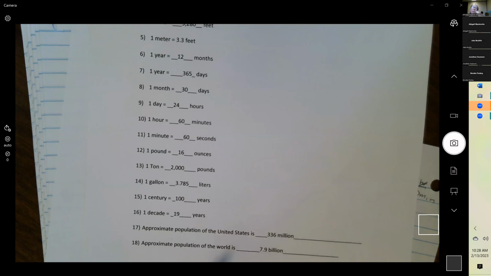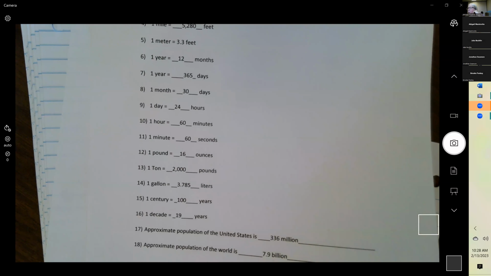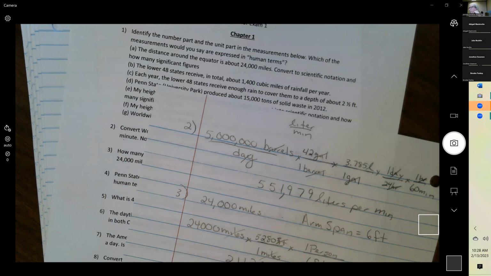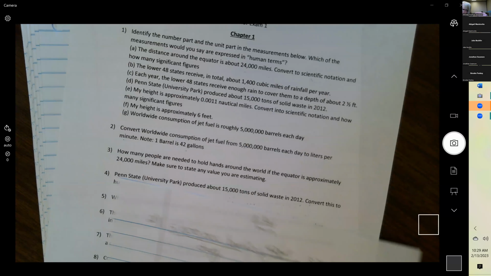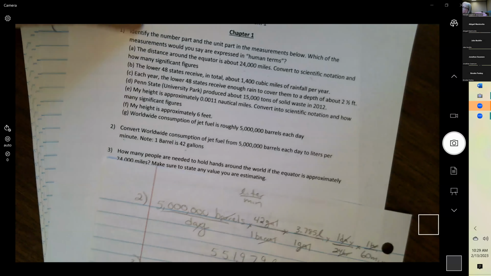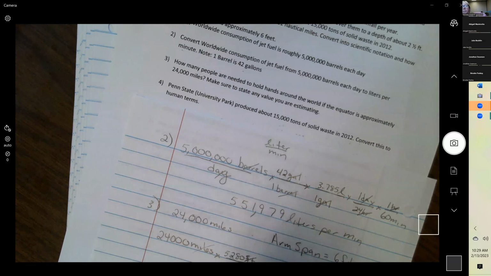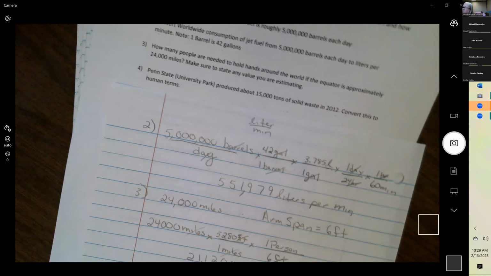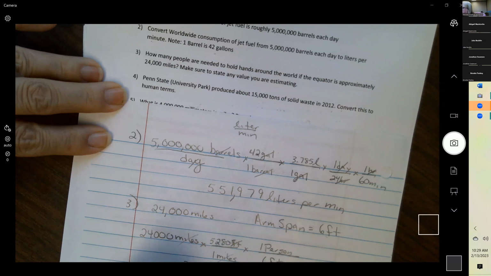So you can round these, but they are values you should know. Any questions on that one? I think that's all it asks. But make sure when you're estimating something like the arm span that you put what your thought was. And there's no wrong, well, if you said a foot, it'd be a wrong answer.